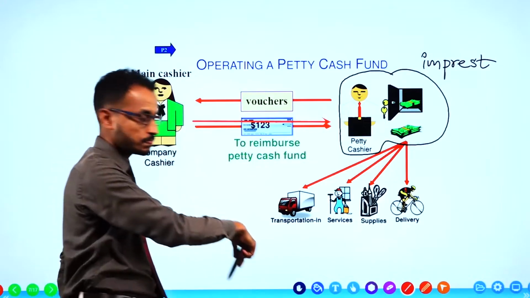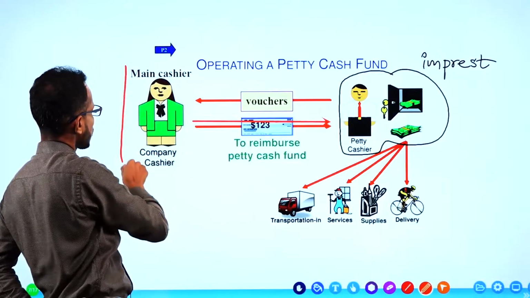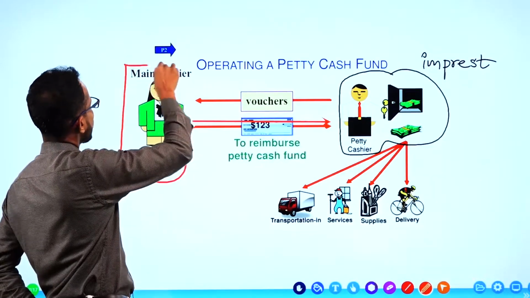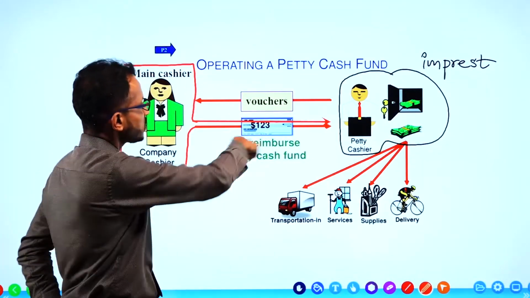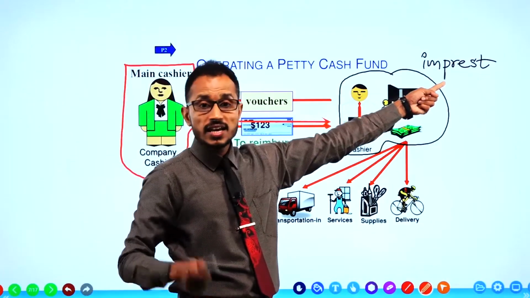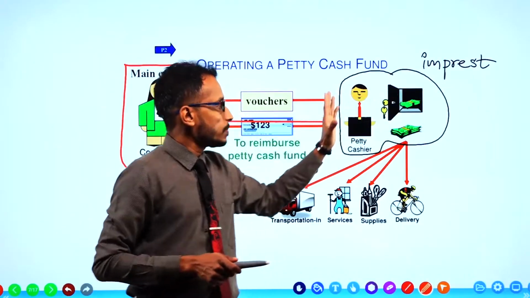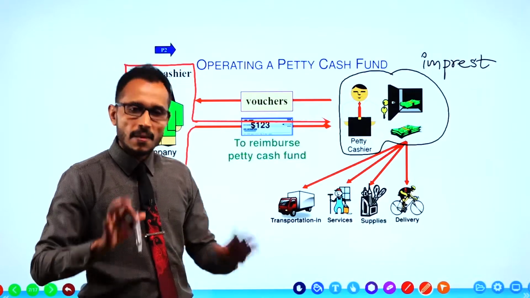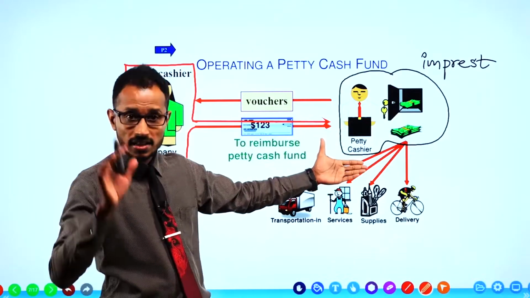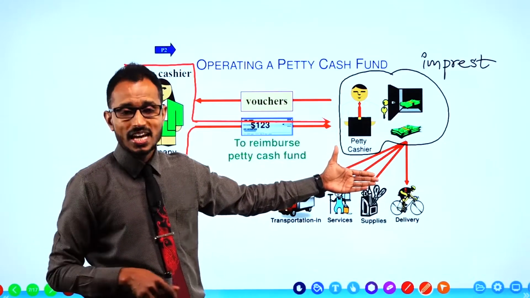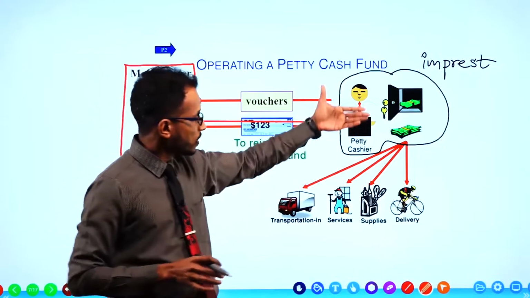This is the main cashier, providing the money to the petty cashier. That amount handed over to the petty cashier is known as the imprest. From that money only, the petty cashier carries out the petty cash expenses for the month. It is the duty of the petty cashier to handle the petty cash expenses and to maintain the petty cash book, to record the petty cash expenses, right?